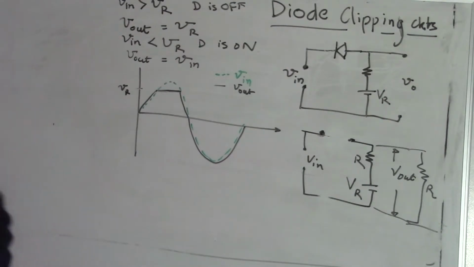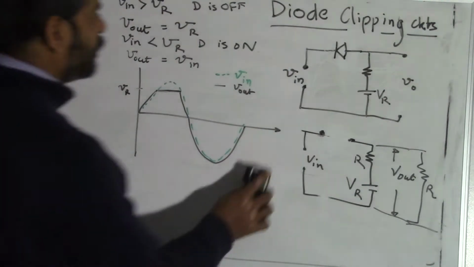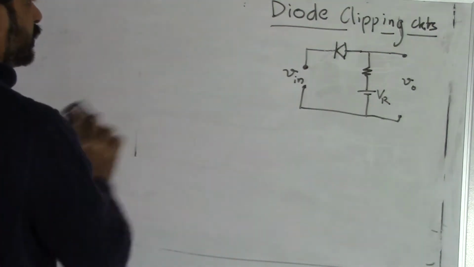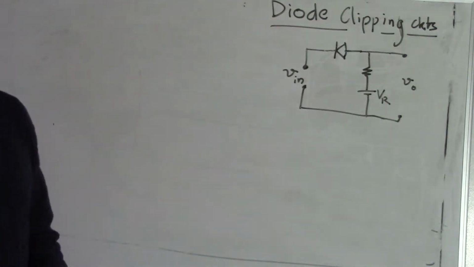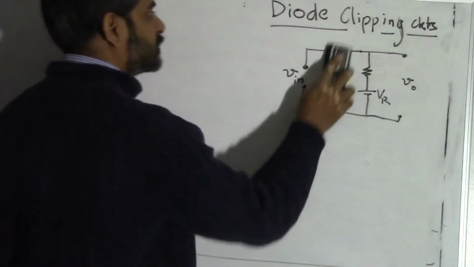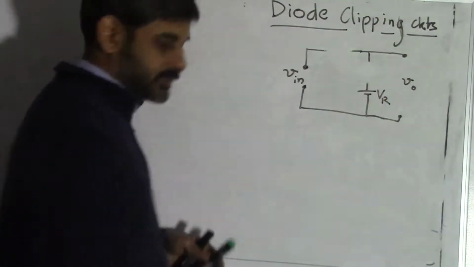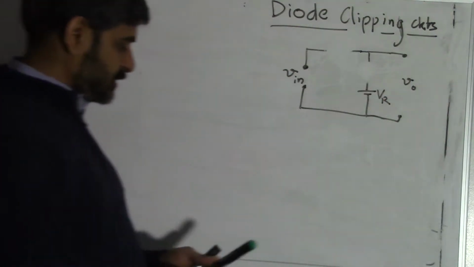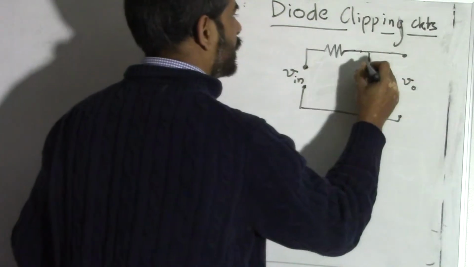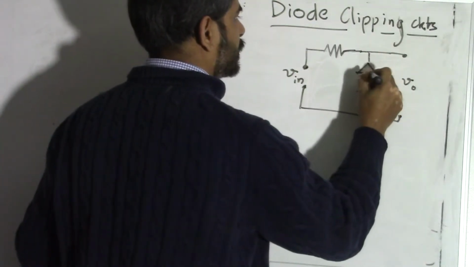So let's move on to some variation of this circuit, in which we switch the roles of the diode and the resistor, the positions of the diode and the resistor. Let's make the resistor R here, and let's put our diode here like this.